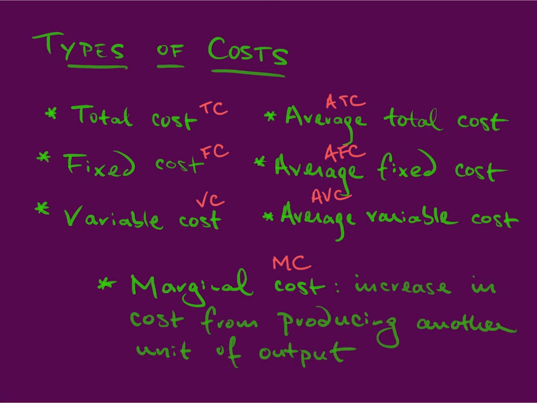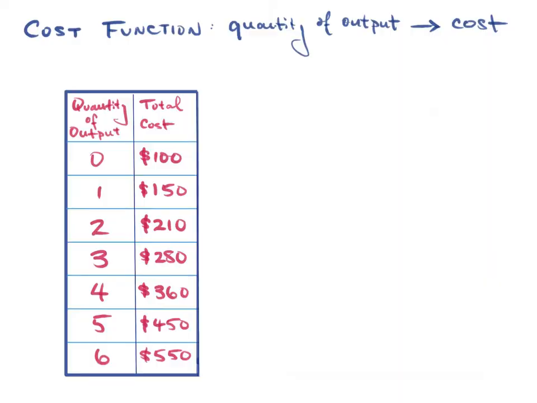Remember, marginal means a small incremental change. So the marginal cost is the additional cost from producing another unit of output. The increase in cost when the firm produces another unit of output.